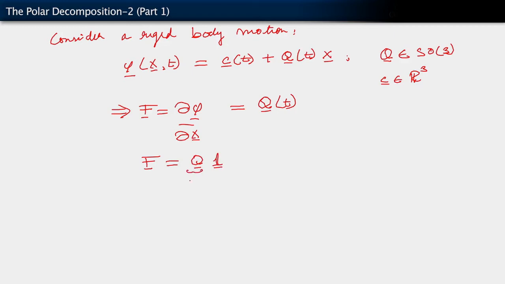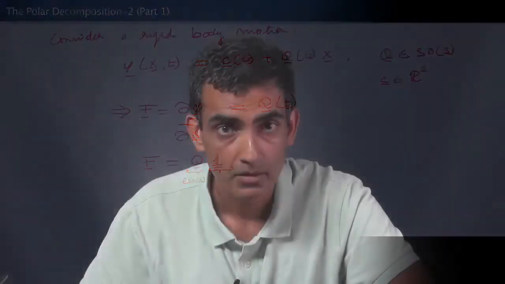Q belongs to SO(3), of course, and the isotropic tensor, we know, is symmetric, just like U, and the eigenvalues of the isotropic tensor are 1, 1, and 1, which are positive real numbers. So the isotropic tensor here is serving the role of the right stretch tensor U.